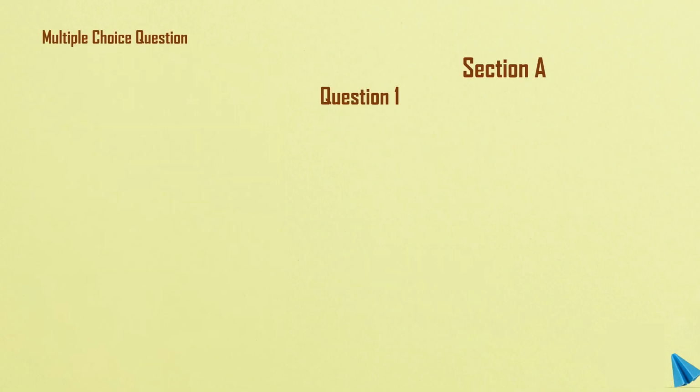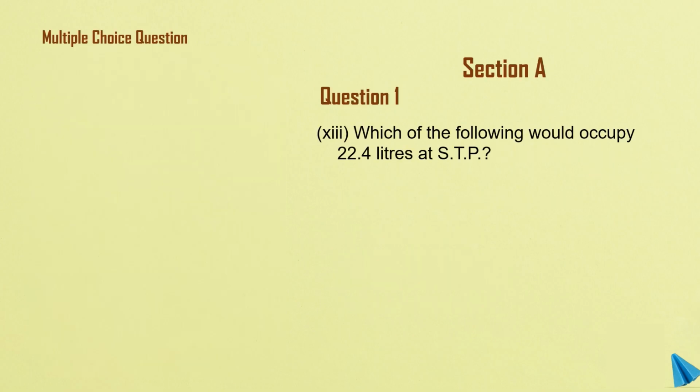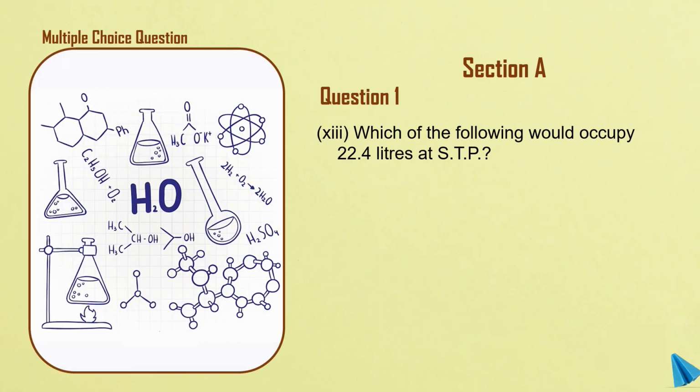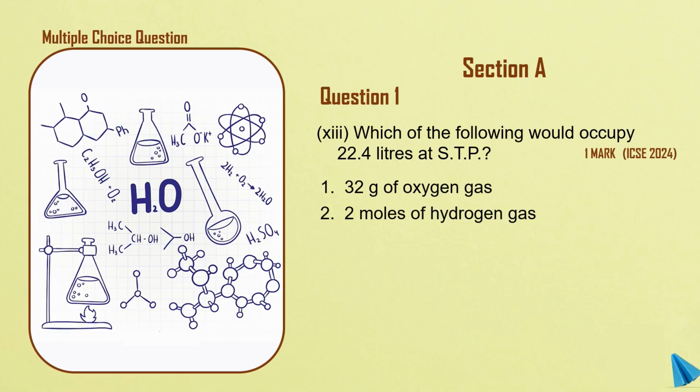It says, which of the following would occupy 22.4 liters at STP? 32 gram of oxygen gas, 2 moles of hydrogen gas, 6.022 multiplied by 10 to the power 23 molecules of ammonia.